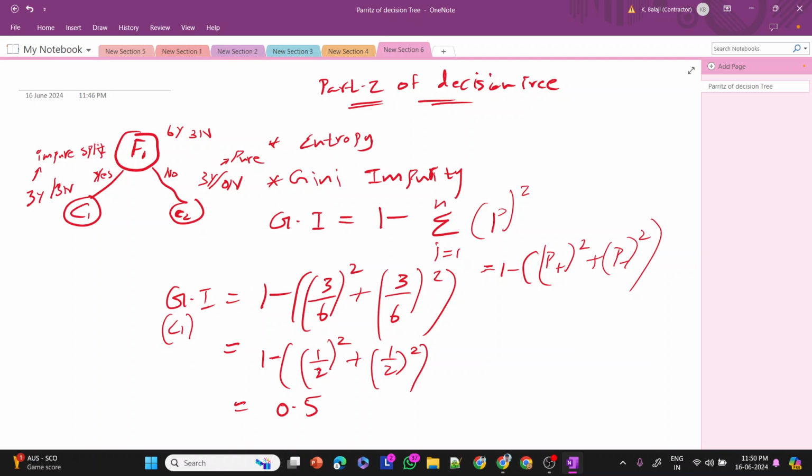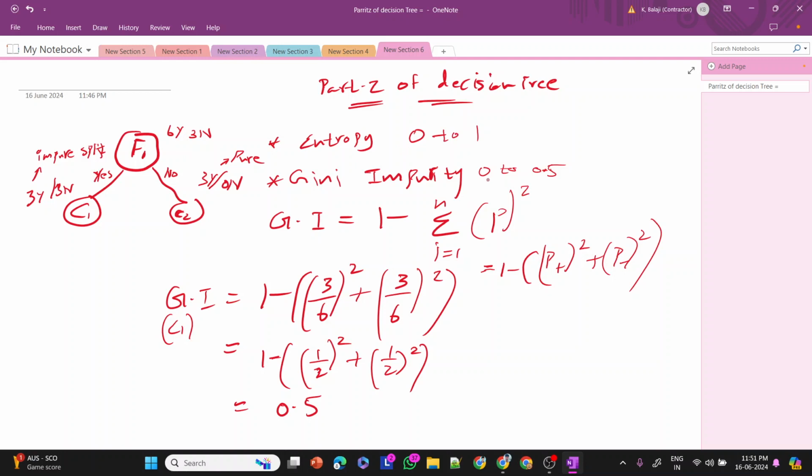For entropy, the output will range between 0 to 1. Like that, for Gini impurity, the value will range between 0 to 0.5. When the entropy output is 0, it means it is a pure node or pure split.